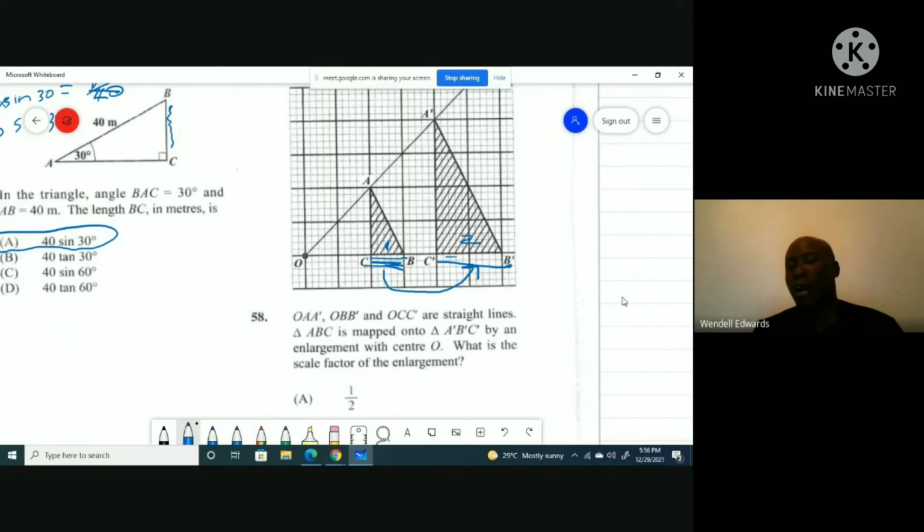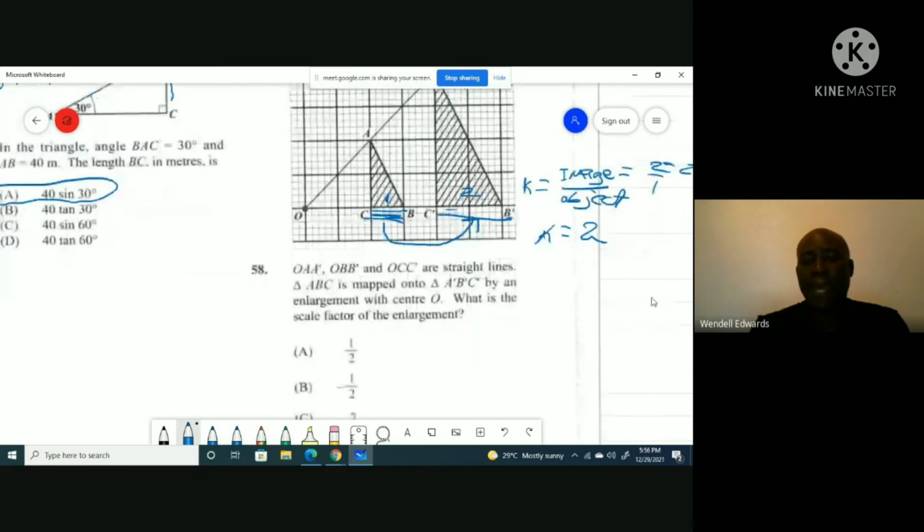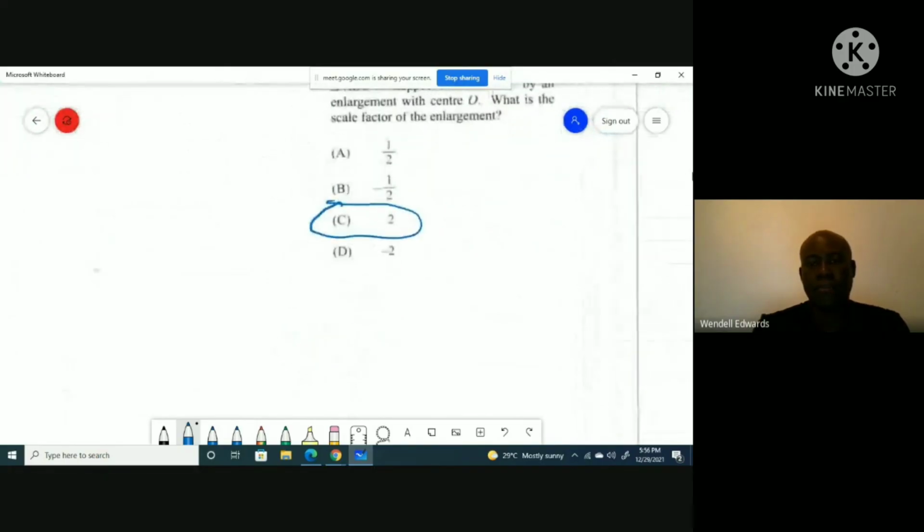If we want to find the scale factor K, we're looking at dividing the image by its object, corresponding ideas. So I'm talking about 2 over 1, which is going to equal 2. So therefore, my scale factor K is equal to 2. It was magnified by 2. And here it is. This is the answer. All right, that's 58.